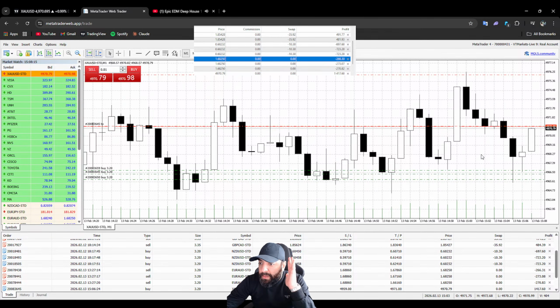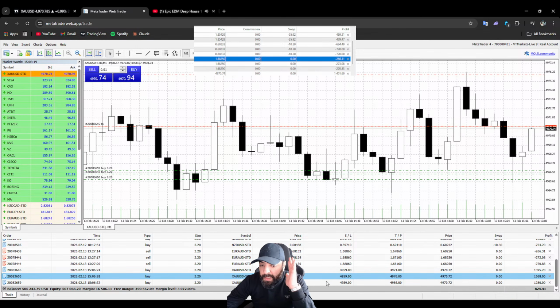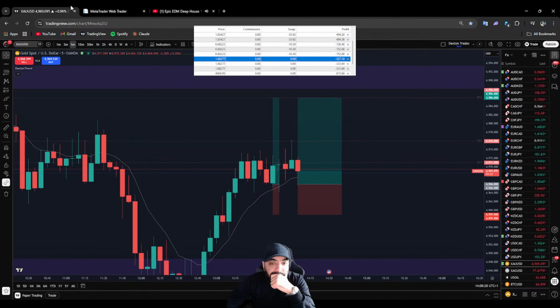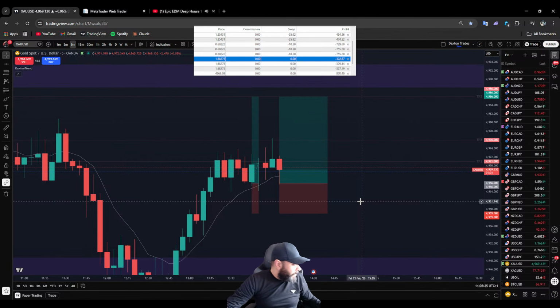Come on, come on, come on. This is the position, if you can see. Maybe we'll see some movement in the last 1 minute of this 5-minute candle, as always.